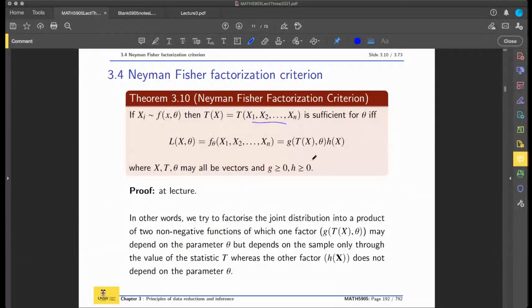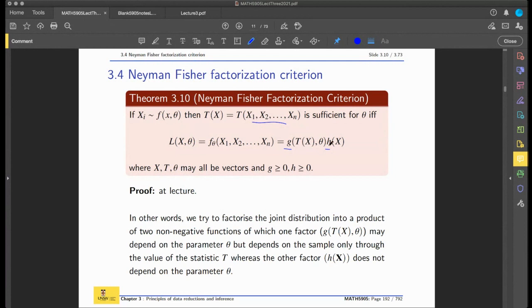And the form of the likelihood is that it takes two functions, g and h. Now, g takes two arguments, the sufficient statistic and the parameter theta, and then it is multiplied by a function of just my observations.